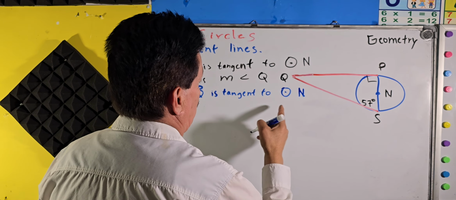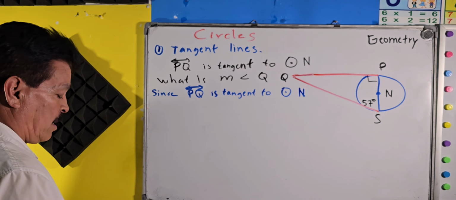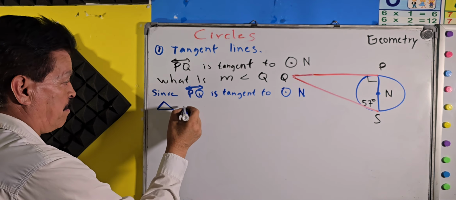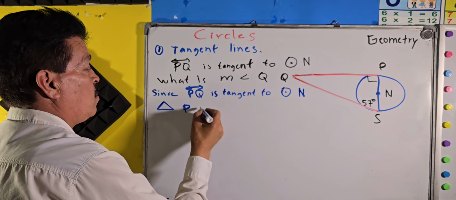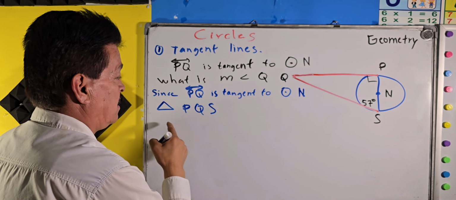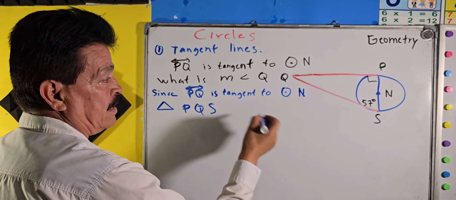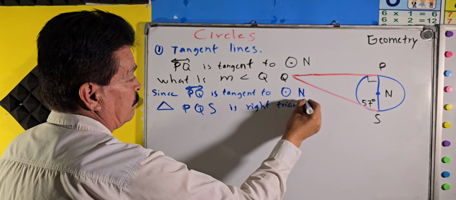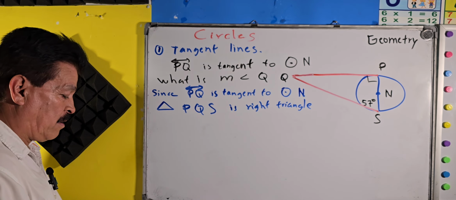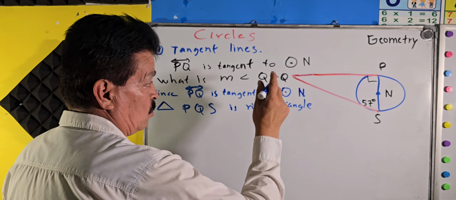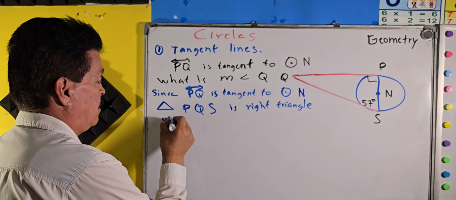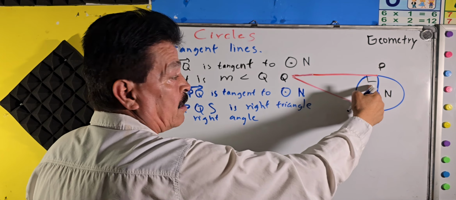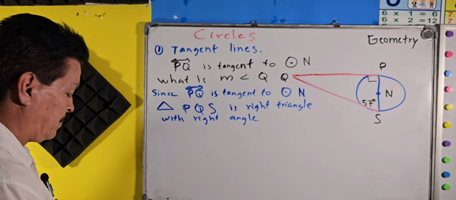PQ is tangent to circle N, right? Talking about that. So then we have this information, triangle PQS is a right triangle, with a right angle.